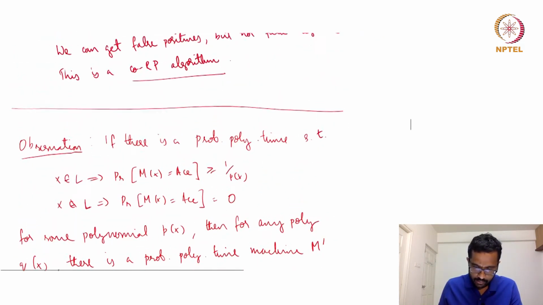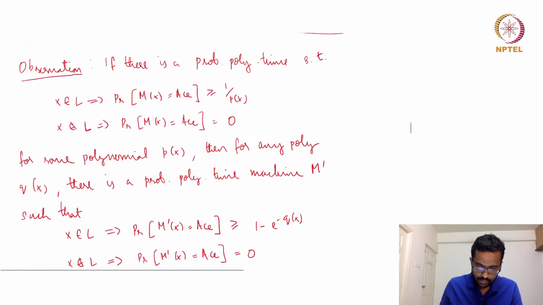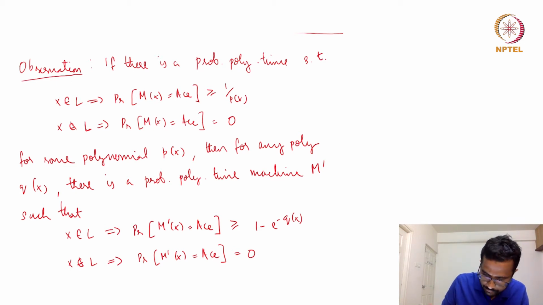So let me just describe this boosting as an exercise. What I have stated here is that if we have an algorithm, again stated in the RP setting, for which the probability of acceptance is 1/p(x), where p(x) is a polynomial, so it's inverse polynomial, and the probability that x not in L is accepted is 0, right?